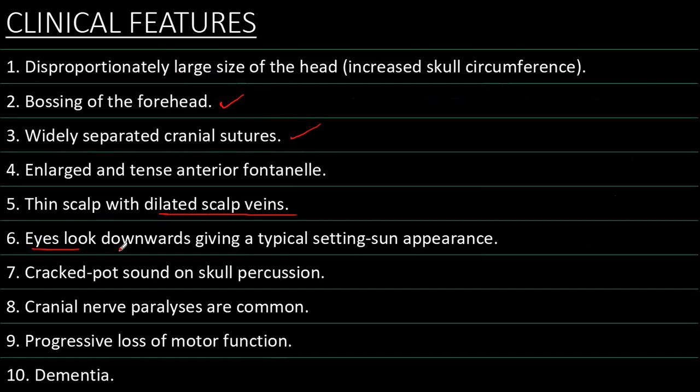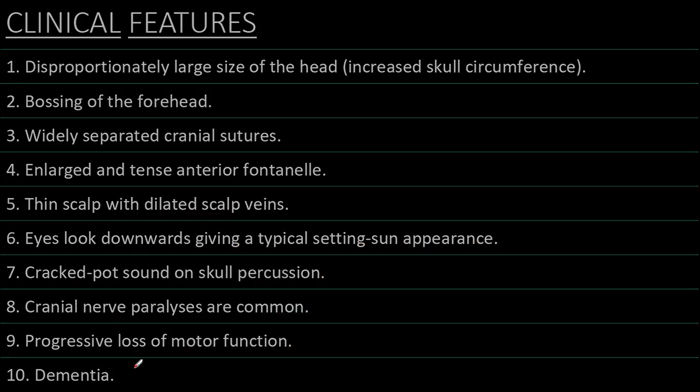Then the eyes usually look downwards, which gives the typical setting sun appearance. Then on skull percussion, there'll be a cracked pot sound. Then cranial nerve paralysis is common. Then there is also progressive loss of motor function, and dementia is present.